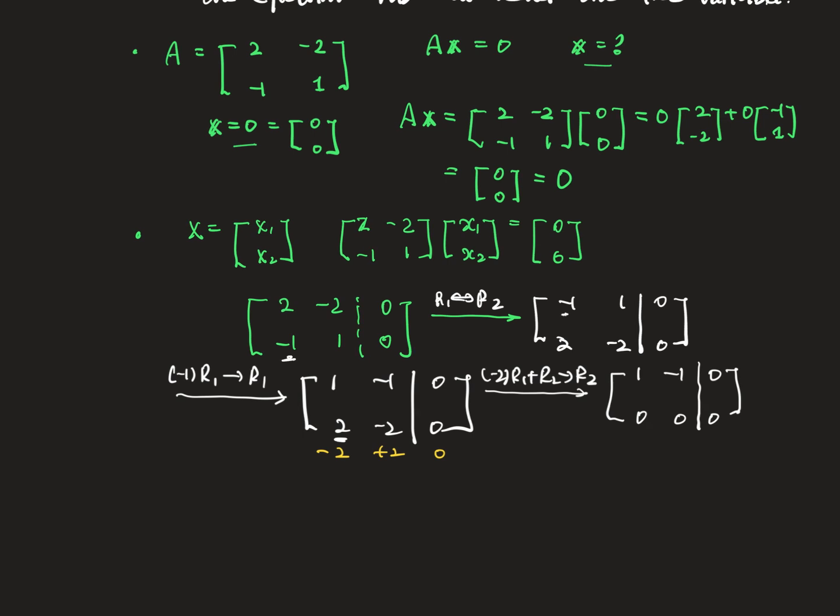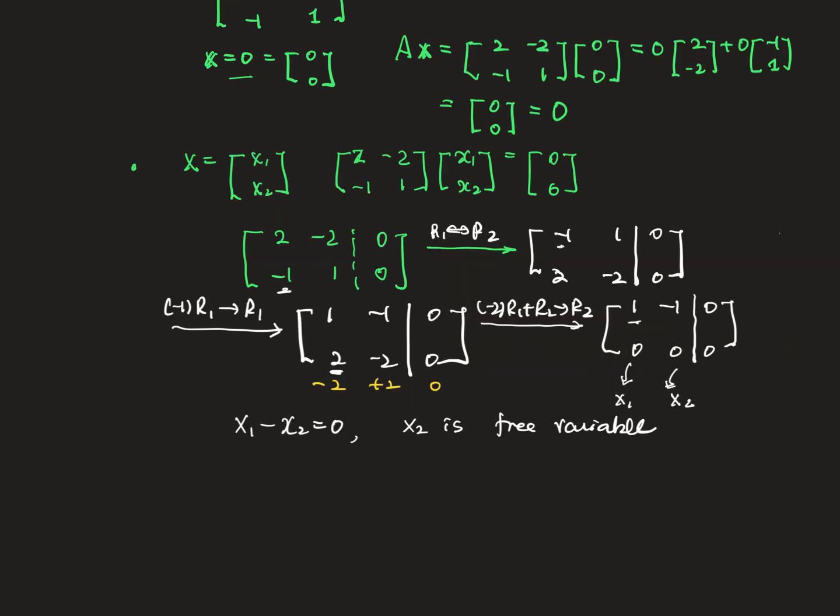This one is a pivot column, x1. This one is not a pivot column, x2. So the first equation is x1 minus x2 equals 0. Second, x2 is a free variable. Which means the x vector is x2, x2, so x2 can be any number.